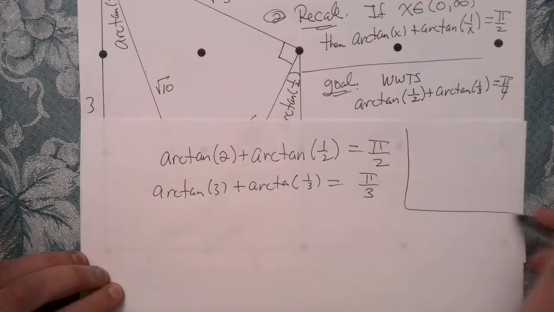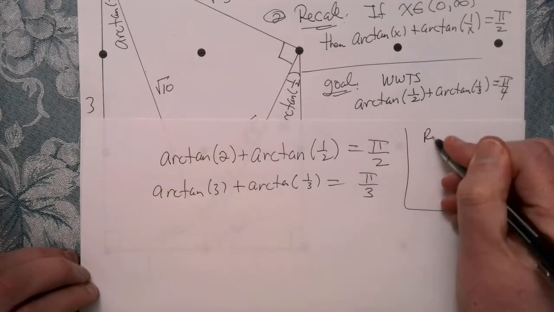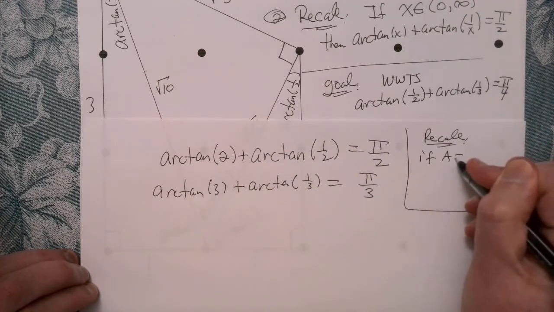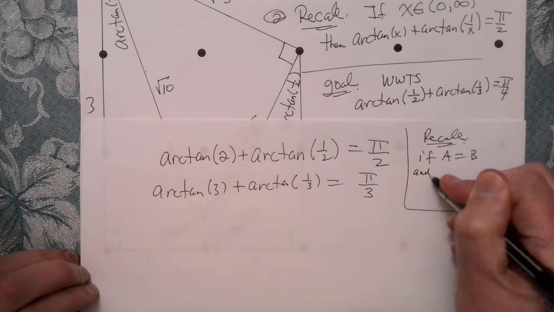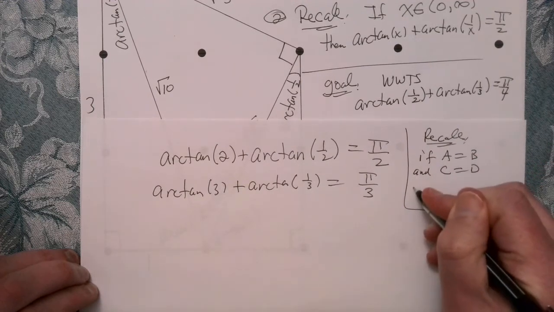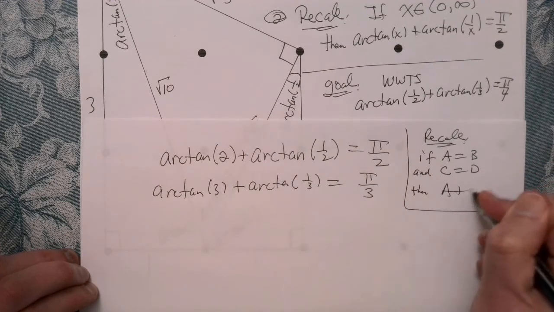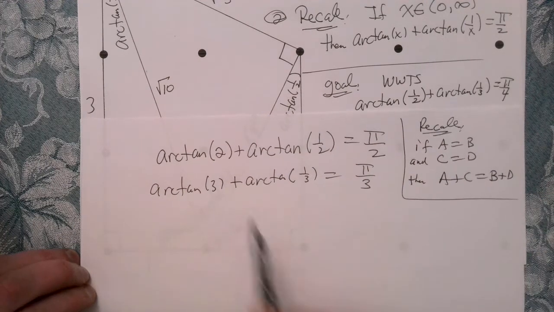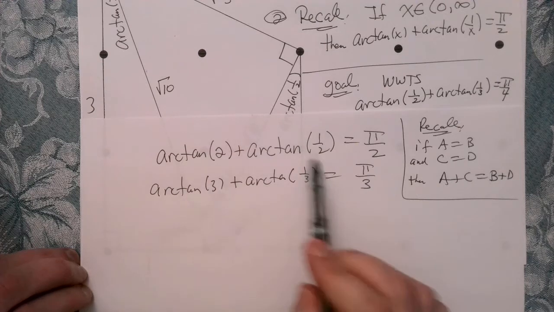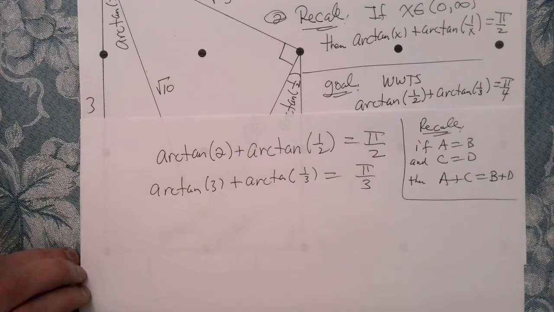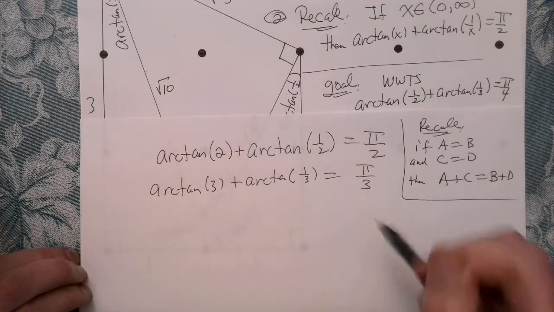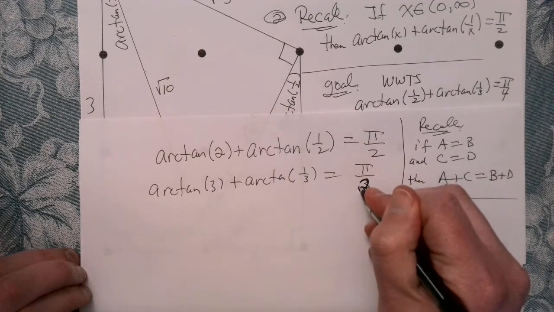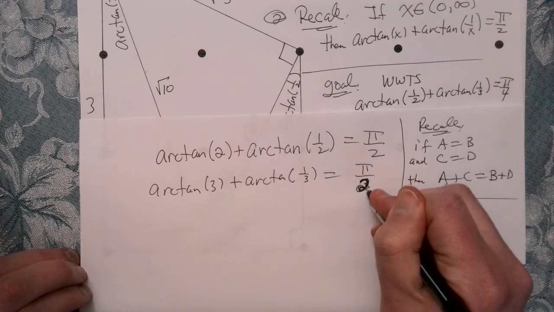I also know this addition postulate from geometry, so let's recall: if A equals B and C equals D, then A plus C equals B plus D. So I've got exactly that here, so let's take the sum of the left, and that'll be equal to the sum of the right. By the way, this should say pi over 2. You probably caught that as I was talking. That's pi over 2.